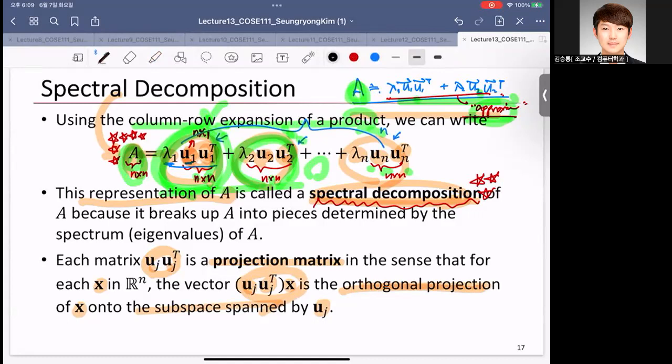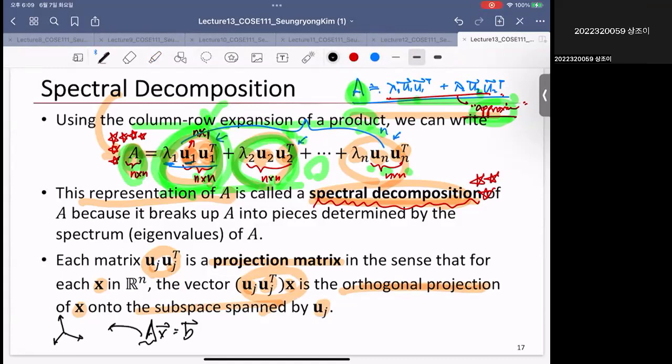So, for example, let's suppose that your matrix A, equation Ax equals b. Let's suppose that this matrix has no solution, or even has a solution. Then let's suppose that the eigenspace for the matrix A has u1, u2, and u3.